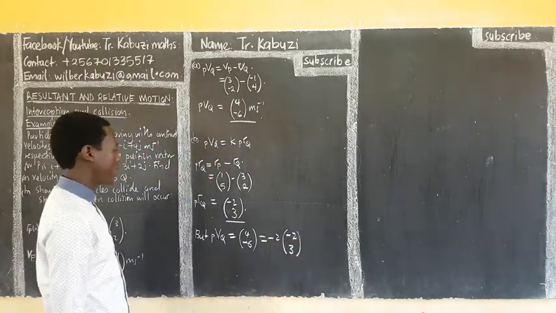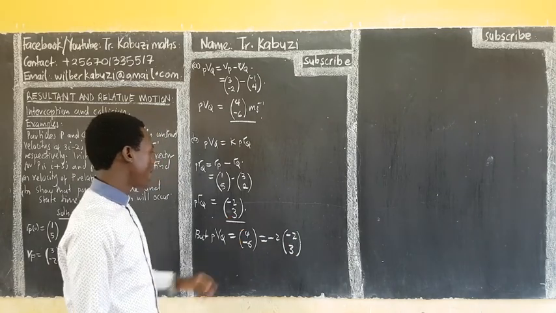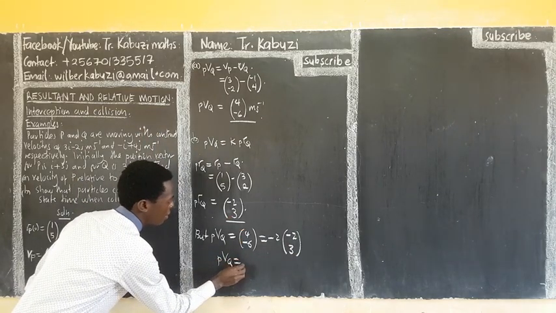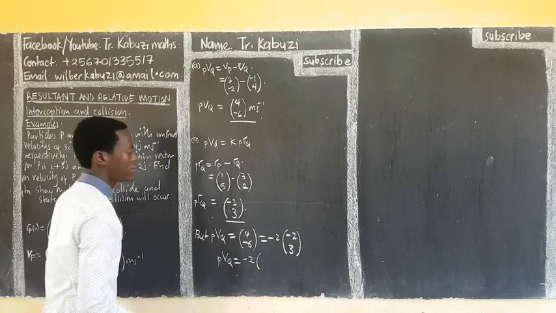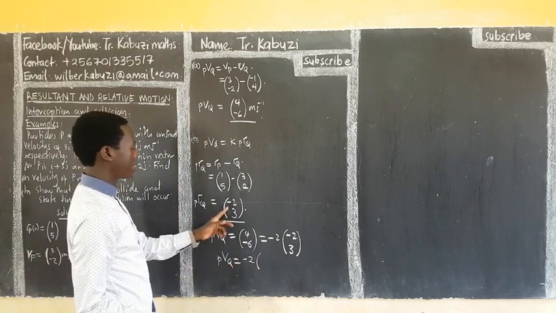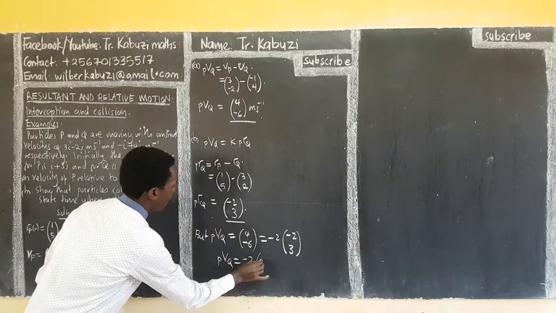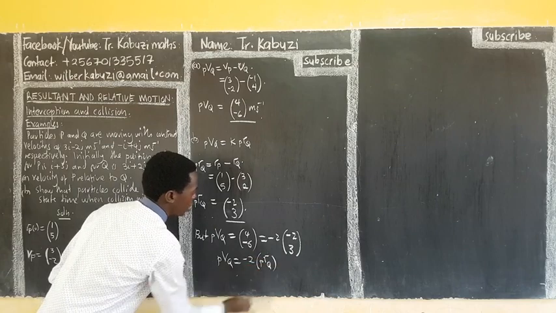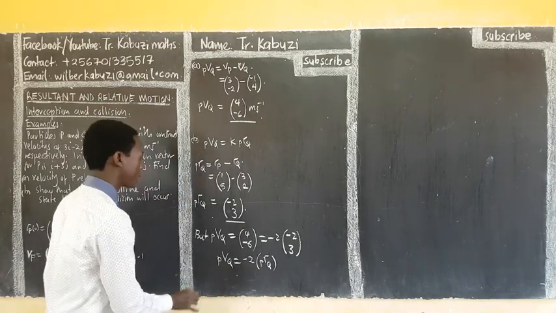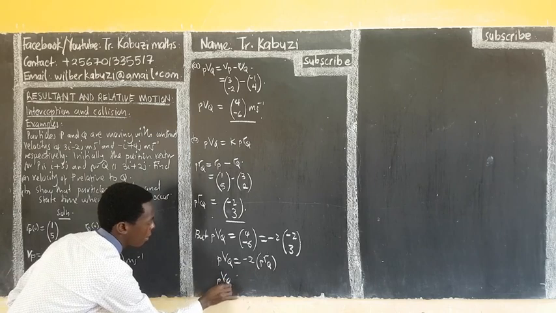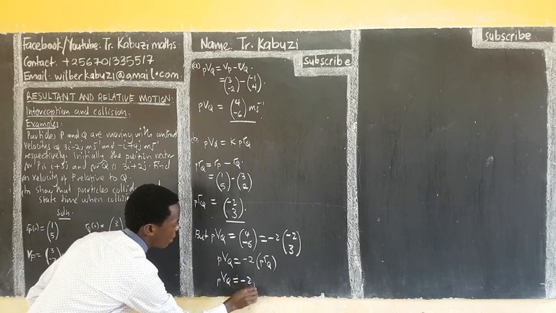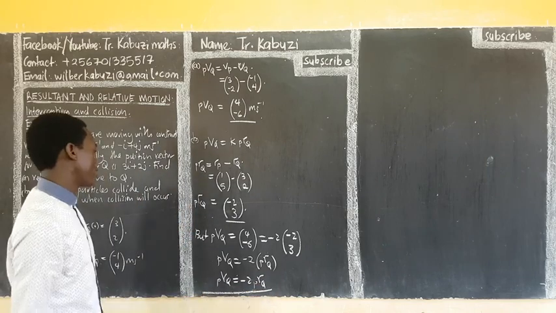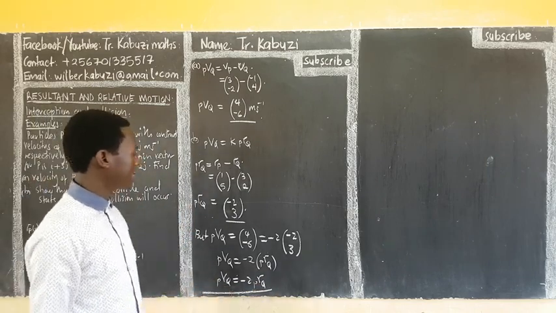And from there, you can see that the displacement of P relative to Q is going to be negative 2 times the velocity of P relative to Q, and this shows that the particles will collide because these are parallel.